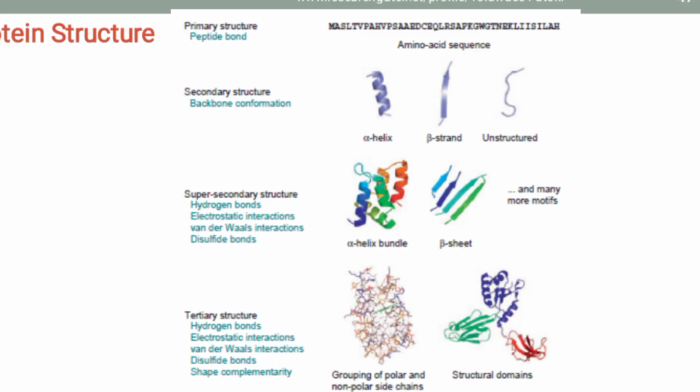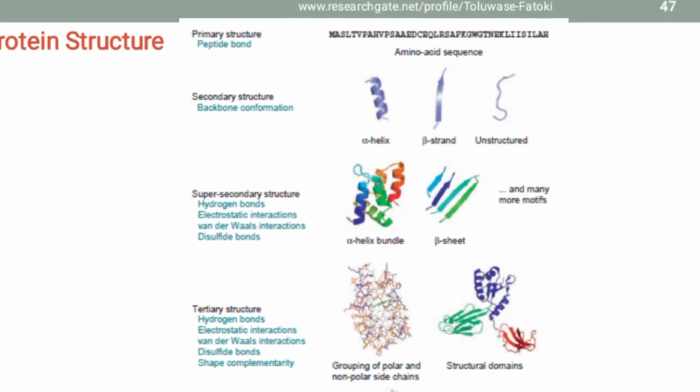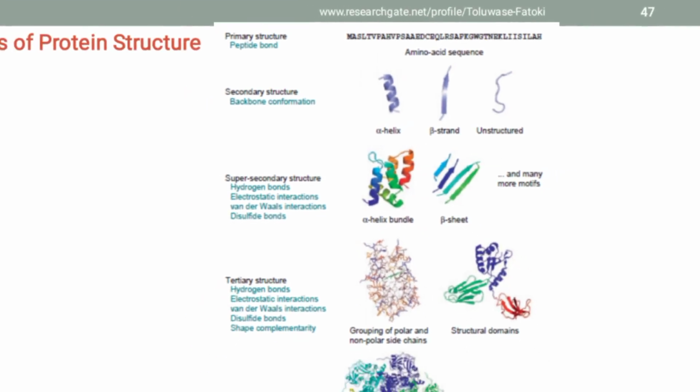And then we have what we call tertiary structure, when the secondary structure, the supersecondary structure now fold to form a definite functional structure of that particular protein. If it's an enzyme, then the active site must be formed at the tertiary structure.